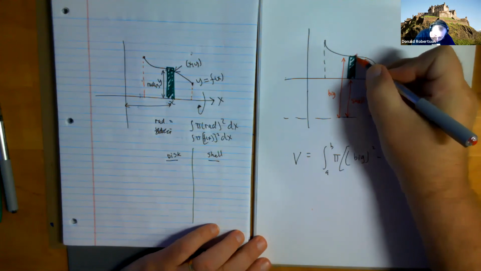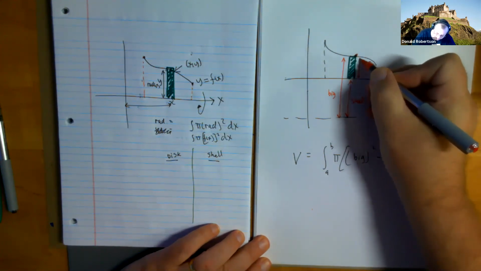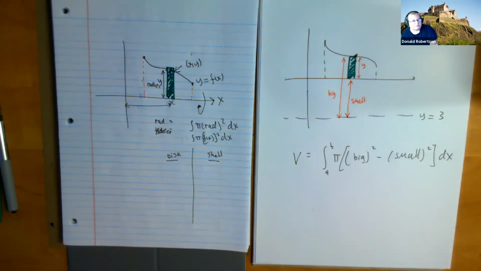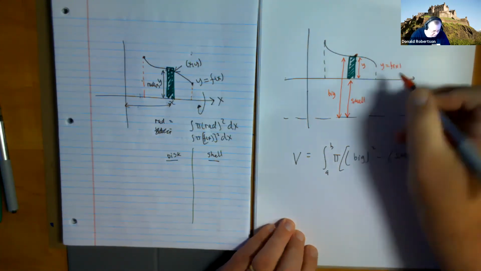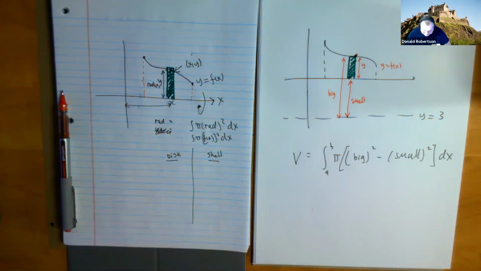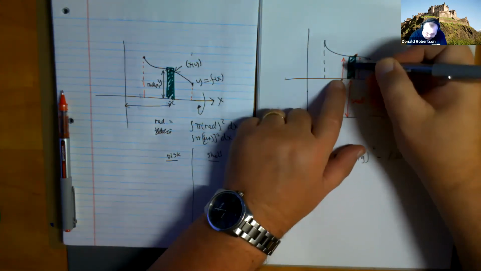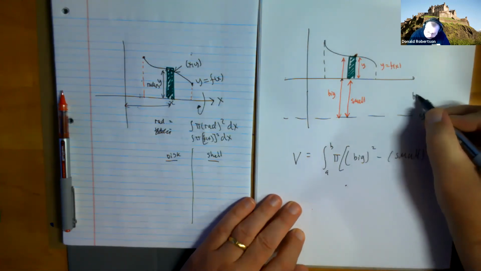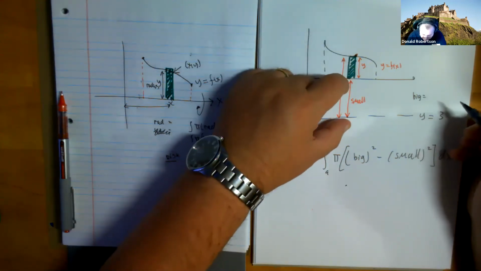You can imagine that point there, from here to here, being the y value, y equals f of x. So the big radius is that bit plus a y. The big radius, right over here, is going to be that distance plus this distance.